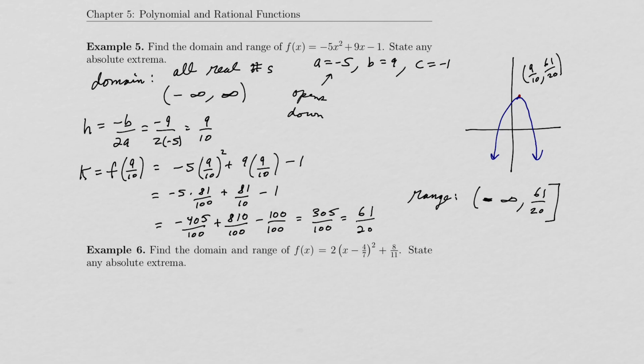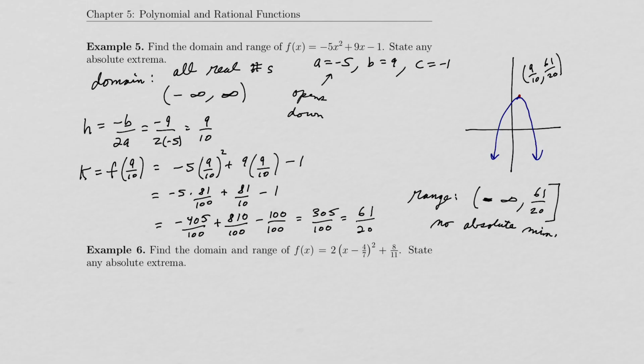And when we wanted to find, are there any absolute extrema? Are there any absolute maximums or absolute minimums? Well, there's definitely no absolute minimum, right? Because it goes down forever. So no absolute min. But there is an absolute maximum. The absolute maximum is the vertex, right?